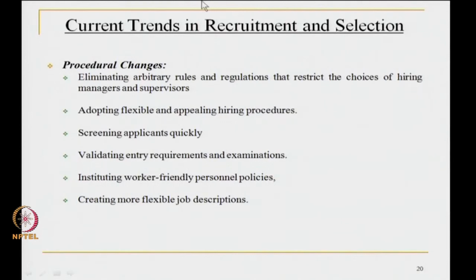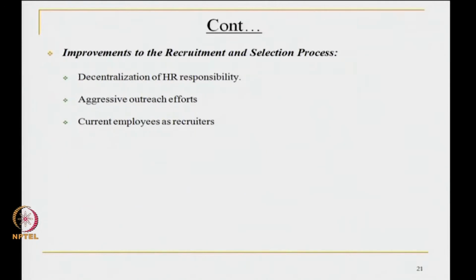Therefore, like everything else, trends in recruitment and selection are also evolving and are positioned differently. To carry the discussion further, the improvement in the recruitment and selection procedures include decentralization of HR responsibilities, aggressive outreach efforts, and current employees as recruiters.